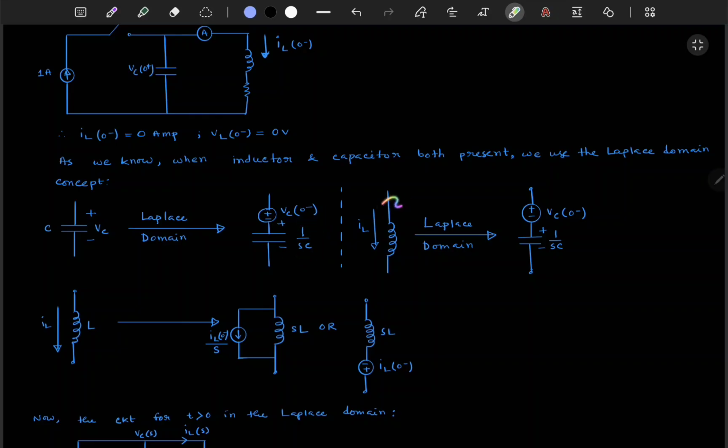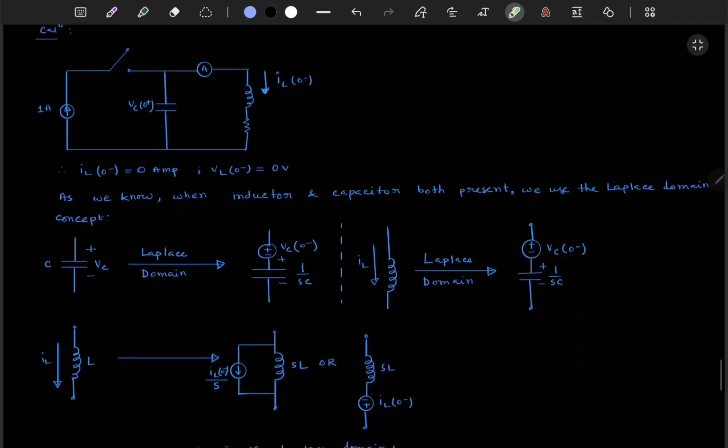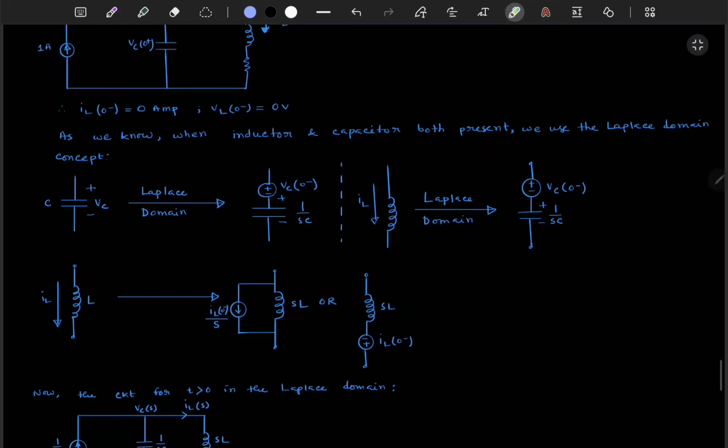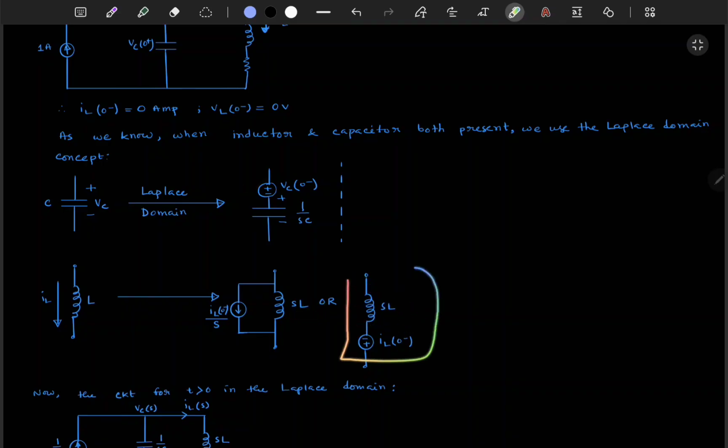The inductor is represented with current IL(0-) by S, a current source, and impedance S into L. Or we can represent it like this.